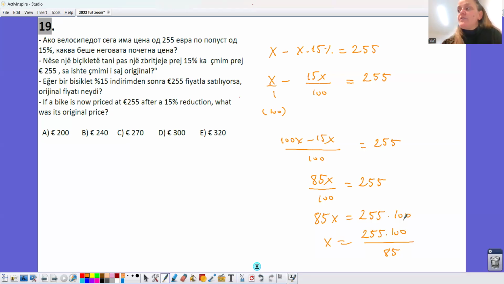You can do the simplifications here: divide by 5 first, then with all the simplifications, you will see that 255 over 85 is equal to 3. So 3 times 100 will be 300. So x is the money in the beginning before the reduction. So what we are doing, we are subtracting the reduction amount, and then we are finding what is given to us. Then with the operations, you will find the total amount of money. This is the 19th one.